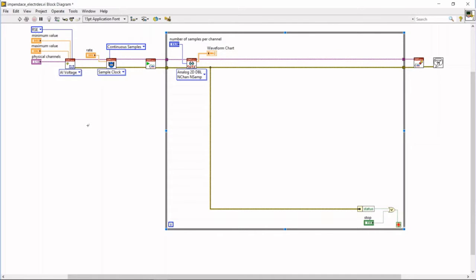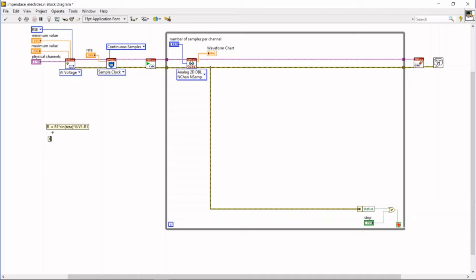We saw the circuit, so I'm going to quickly write the equations we're going to use. So R, that is the real part of our unknown impedance, is equal to R1, the resistance that we know of, times sine of theta, that is the phase difference between V0 and V1, times V0 divided by V1, minus R1, the resistance that we know of.